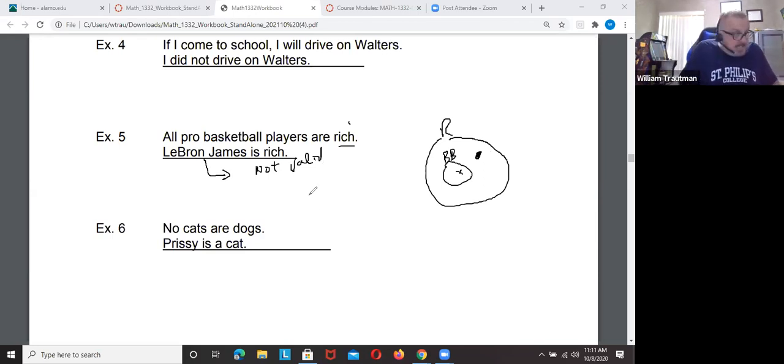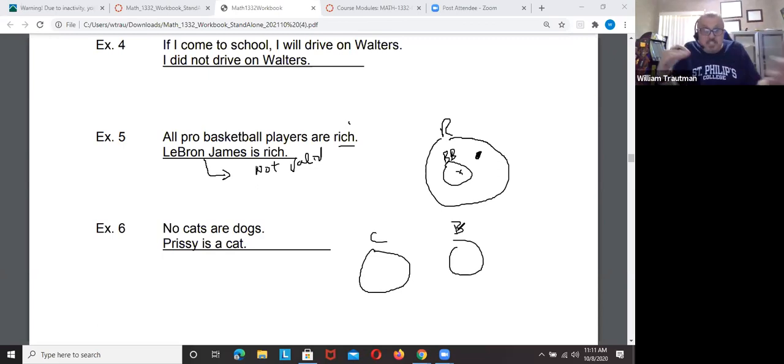Okay, the next one, no cats are dogs. Remember one of Euler's things saying no cats are dogs. That means they separate and they don't touch each other. That was one of Euler's things that started with no. Prissy is a cat.